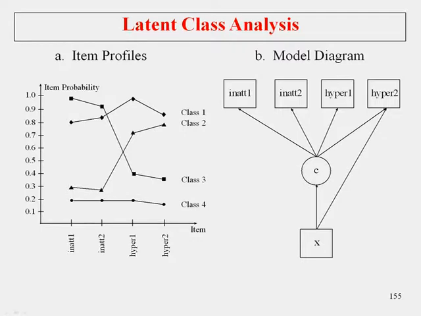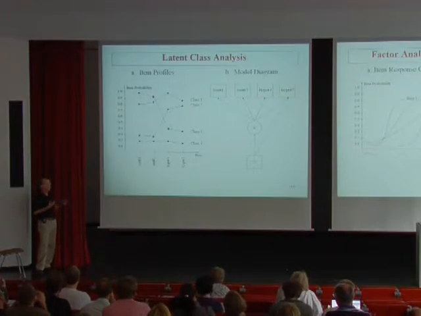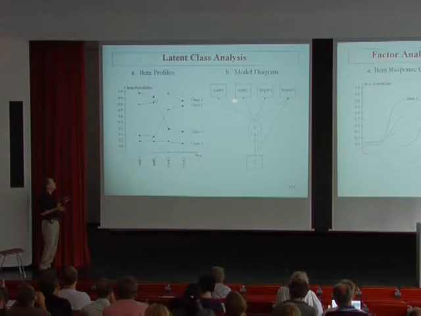The associations among the items is explained by the categorical latent variable. And the categorical latent variable is defined to be such that it is the only reason that these variables are associated, which is the same thing as saying that you have conditional independence. The items are independent given class membership.